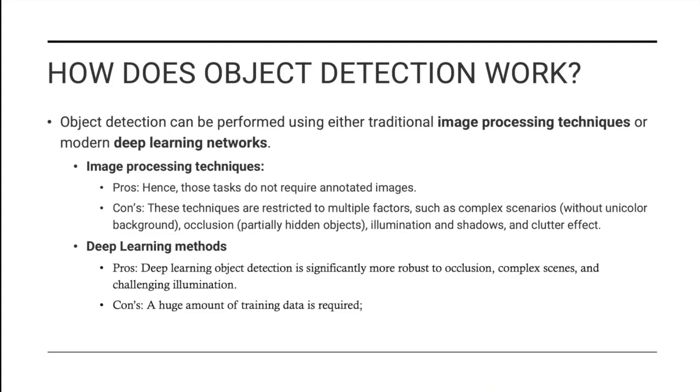For the deep learning methods, the good thing is that they are significantly robust. You can use them for really complex things, and we don't have the problem of illumination that much compared with image processing techniques.